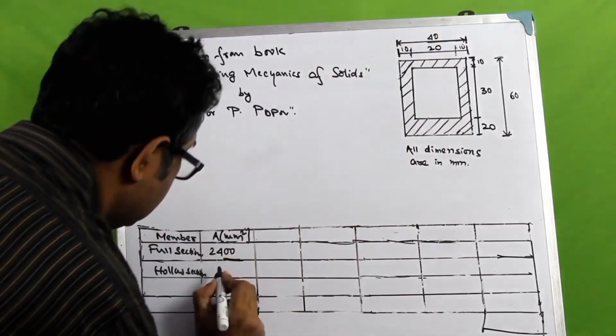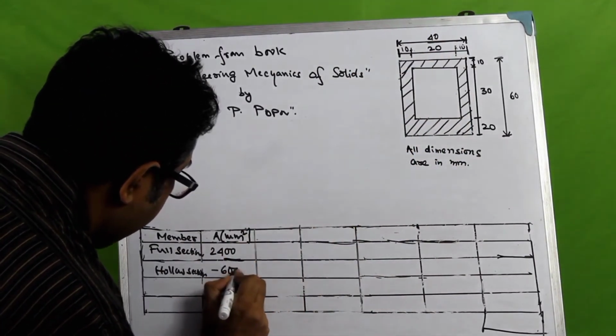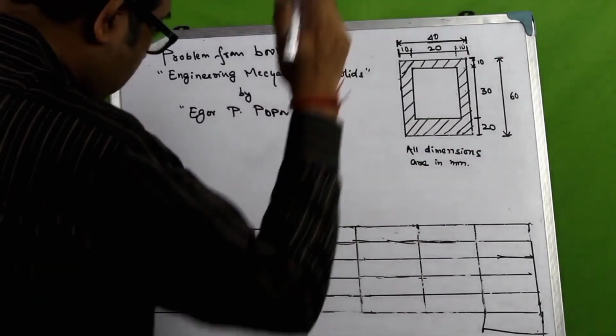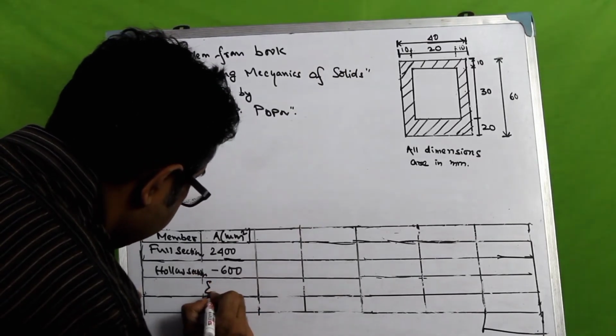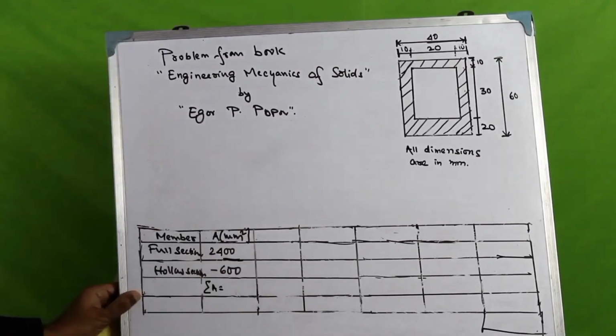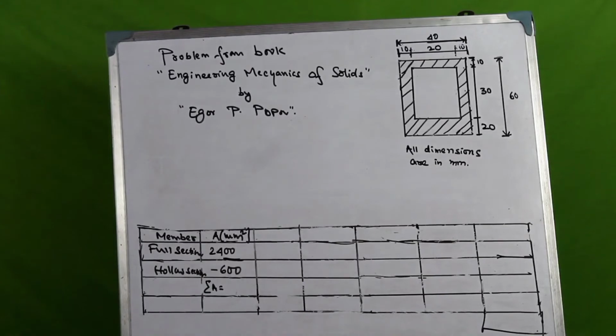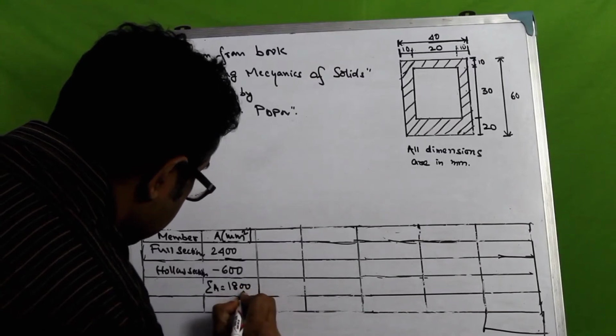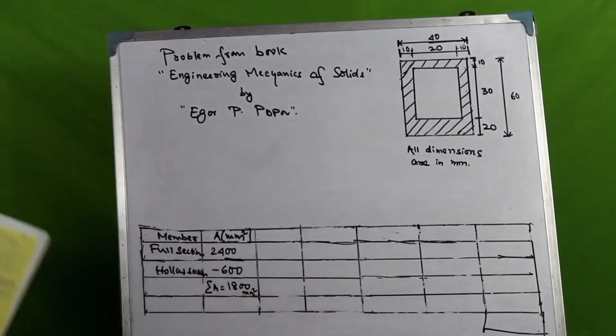So it's a negative section, and we put that as negative. Like we did last time, we find the summation of the whole cross-sectional area by adding these 2 up. So it would be 2400 minus 600, which is 1800 millimeters square.